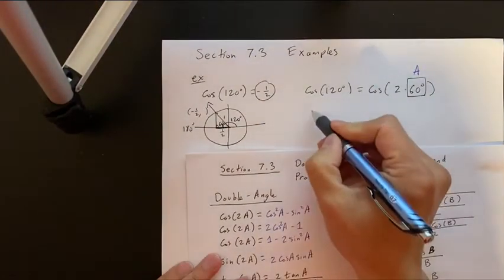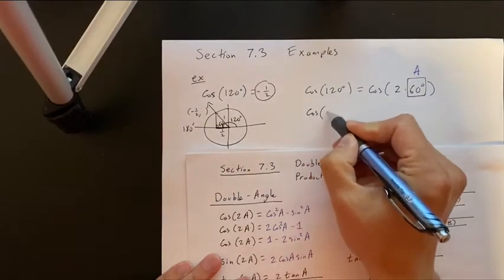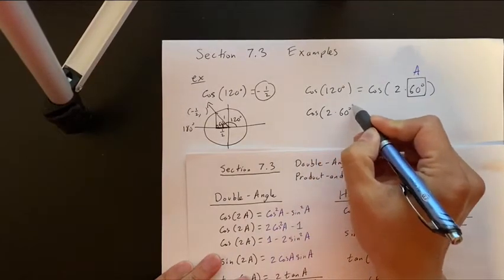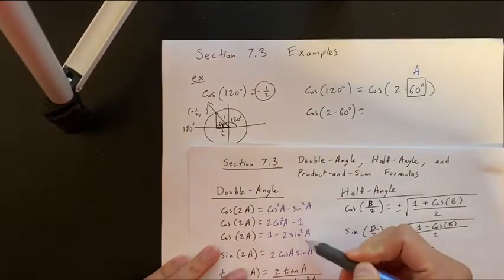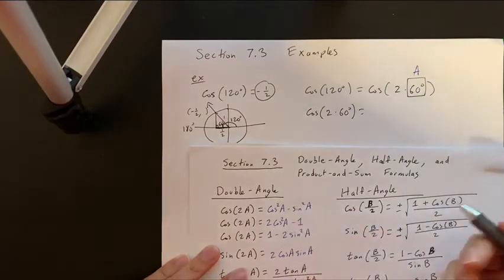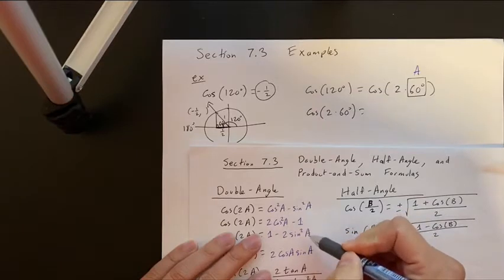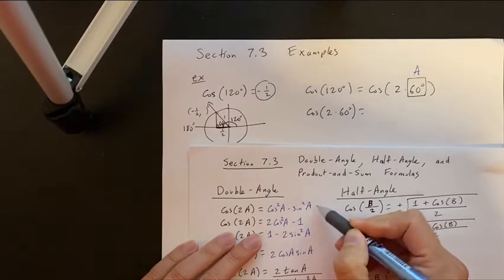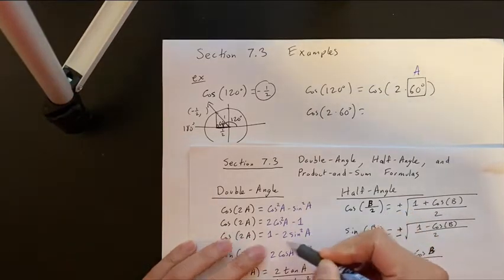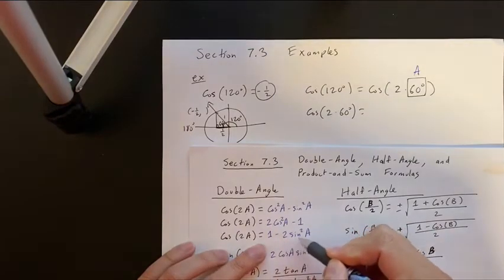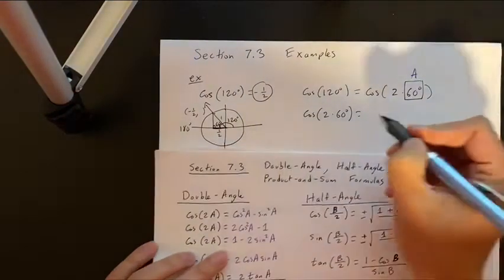And now we get to apply any of the three formulas. You can apply the first one, the second one, or the third one. I'm just going to go with the third one. A little bit different because there's a sine function in there.